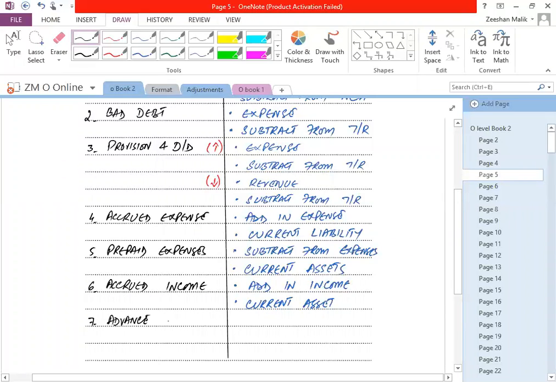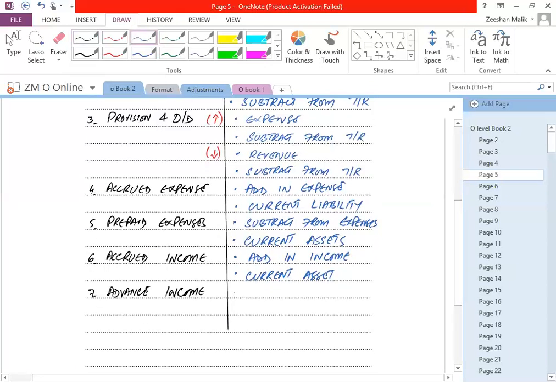Whereas advance income is opposite. The customer paid you in advance. The service is not yet provided, but the customer paid in advance. So you need to subtract it from the income and treat it as a liability.